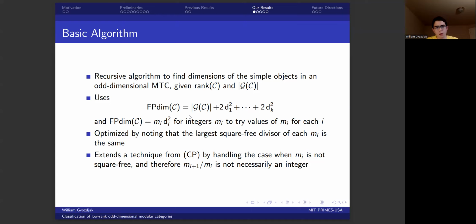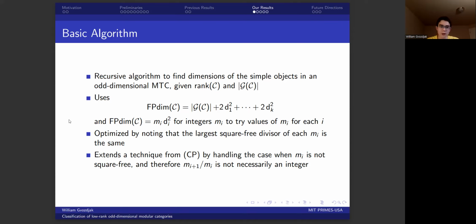Now, I would say the biggest thing that this algorithm did to actually tackle these cases was this optimization. Because if we just ran this algorithm purely like this, I don't believe that it actually finishes in a reasonable amount of time for the ranks of interest. So we optimized this algorithm by noting that the largest square-free divisor of each m sub i must be the same. And the way we prove this is we use this chained equation that we saw earlier. And there is a number theoretic argument that can show this.